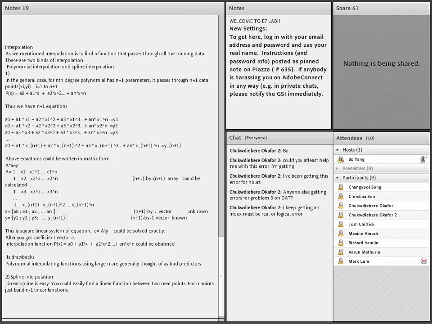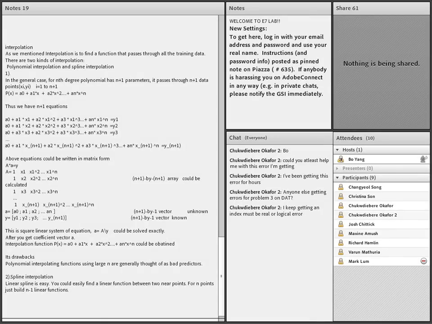The other one is the high degree polynomial spline interpolation. We're going to talk about the cubic spline interpolation, which is usually used. For cubic spline interpolation, the idea is to build a cubic function between two near points.